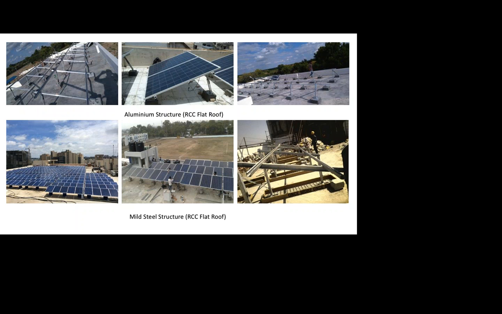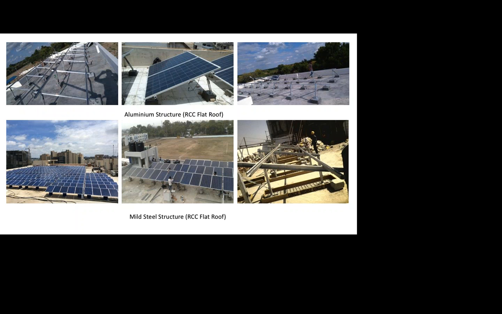So for the aluminium plus ballast structure, I'll tell you that on average we have considered the quantities per kilowatt, and the prices we have taken are typically for a project size of around 70 to 100 kilowatt.